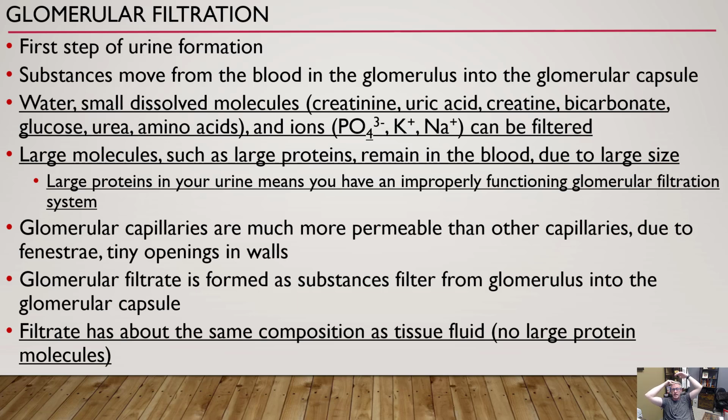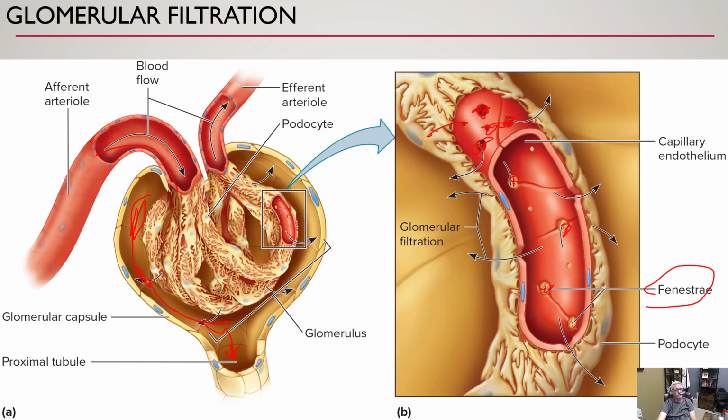This tissue fluid, or interstitial fluid, is pretty much the same thing as filtrate, because it doesn't have those large proteins. So plasma is equal to filtrate plus large proteins, because filtrate does not contain large proteins.